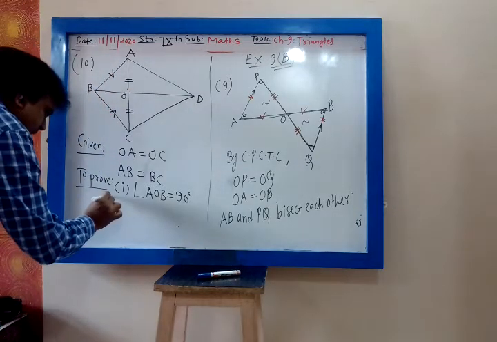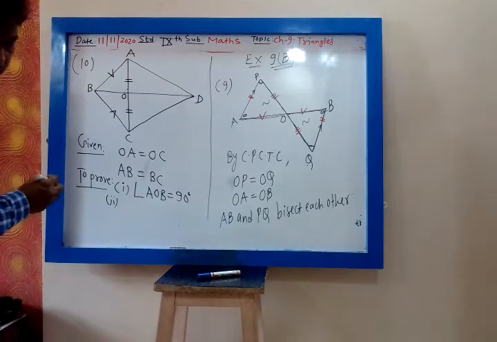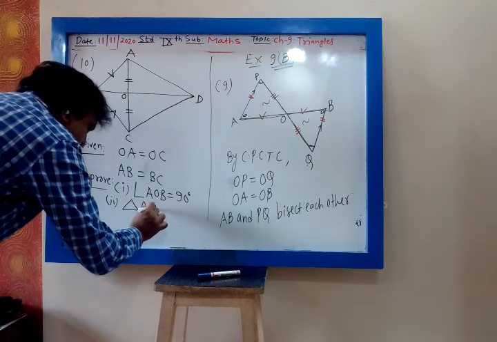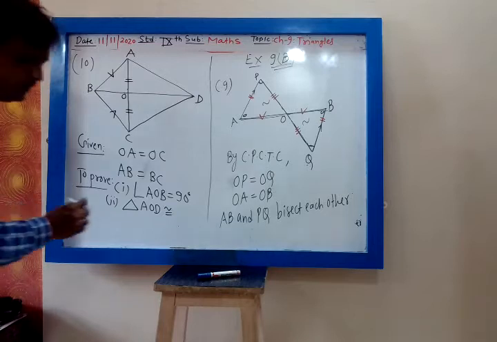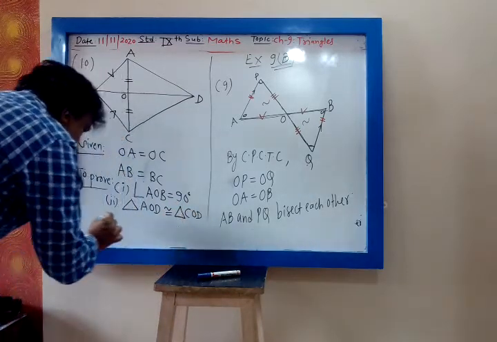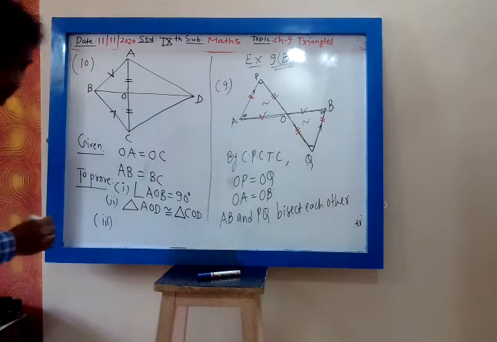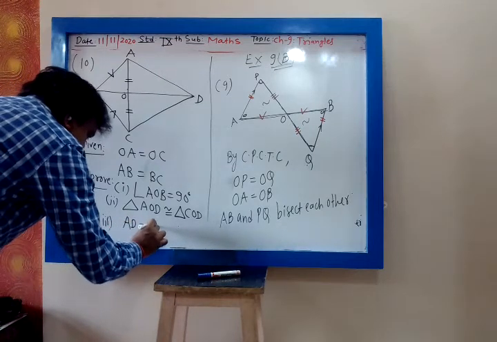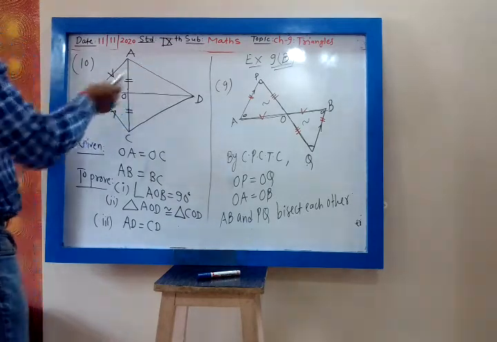Second, triangle AOD is congruent to triangle COD, and third, AD is equal to CD. AD is equal to CD means AD and CD, they are equal. We want to prove this.